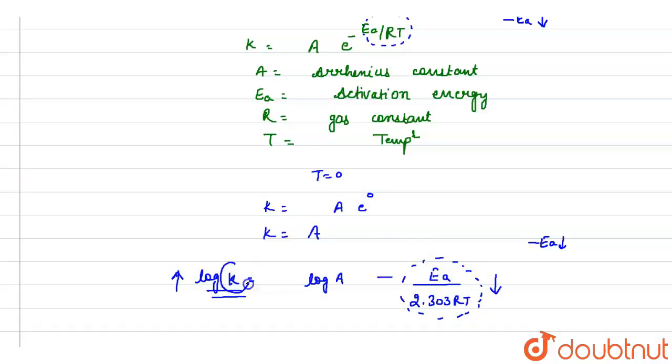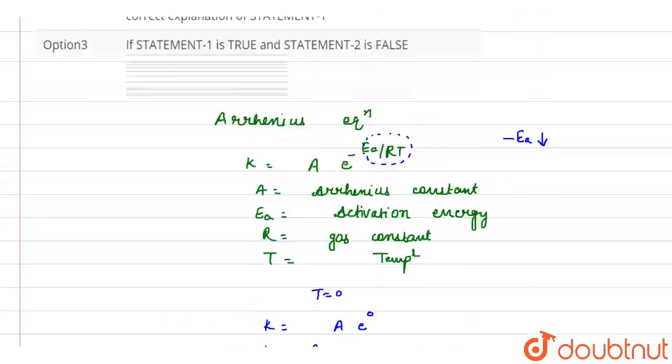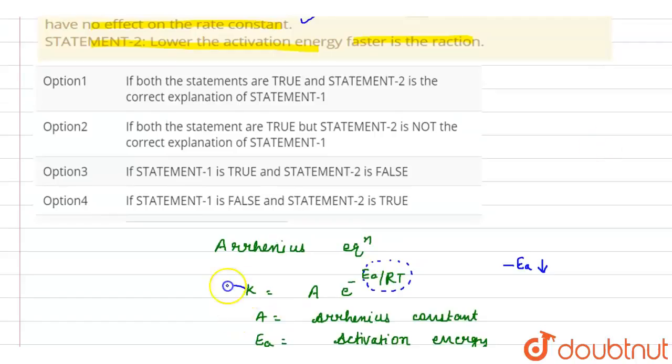If log K or K increases, then the rate constant value increases. That's why lower is the activation energy, faster is the reaction, because the rate constant value increases, and the rate constant describes the rate of the reaction. More is the rate constant, more is the rate of reaction, and faster is the reaction.